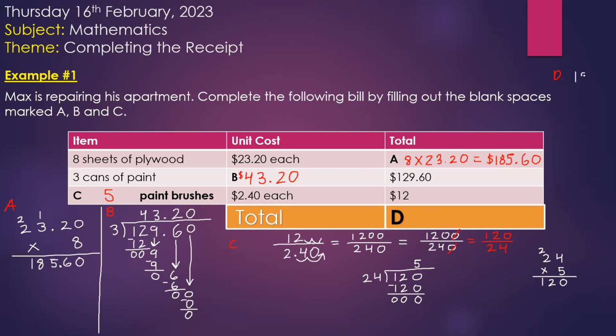So let's add it up: 185.60 and we have 129.60 and 12. Remember the 12, we're going to put it to the left of the decimal point.